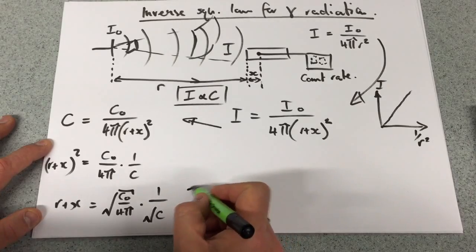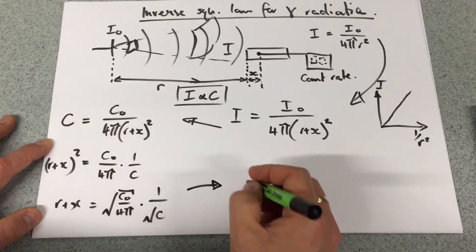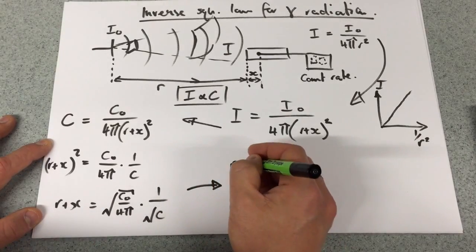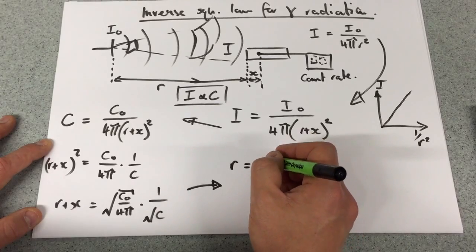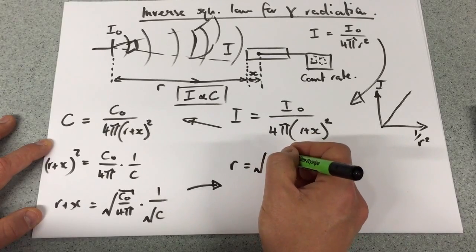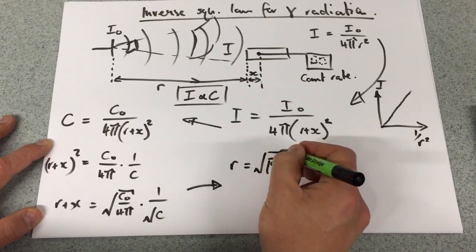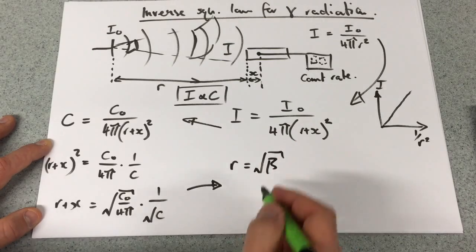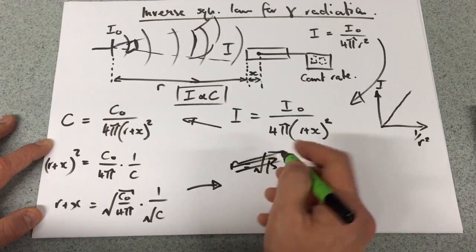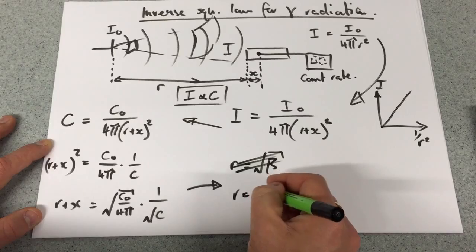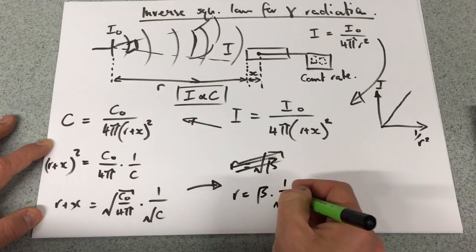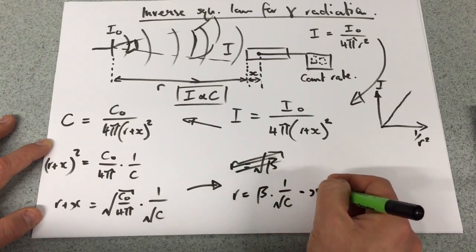And therefore, finally, r is equal to, let's just call it a great big constant. In actual fact, we can just call it a constant. Hold on, this makes life easier. A constant by 1 over the square root of count rate minus x.